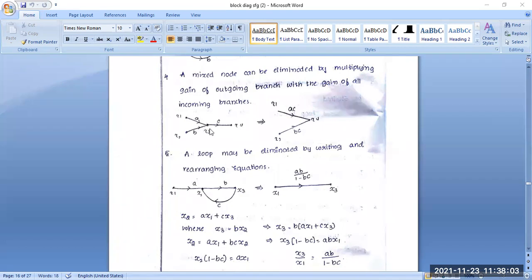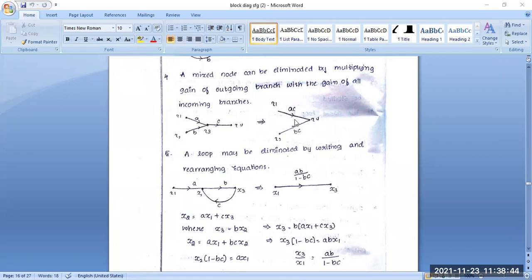So we can easily calculate this category. Here you can see x1 travels with gain a on this forward path, then this path c, to the ending point x4. Another way, x2 travels this way with gain b, then the same way with c, the other forward gain, to the ending point x4. So we can easily calculate: for x1 it is ac, and for x2 it is bc.